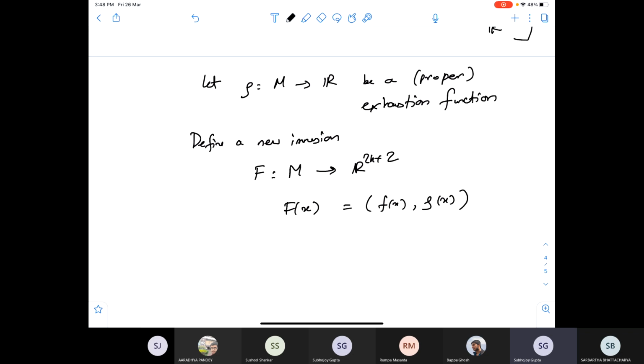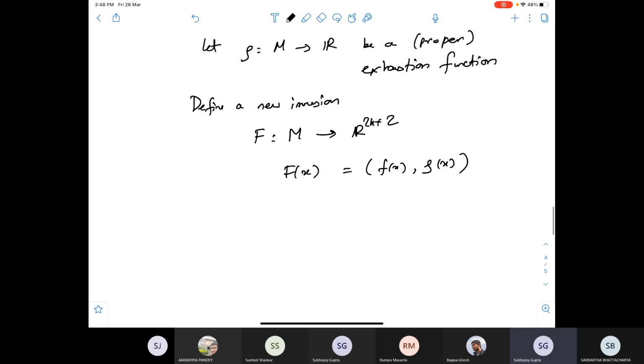Well, we'll project back to some hyperplane. So this is what we want to do.